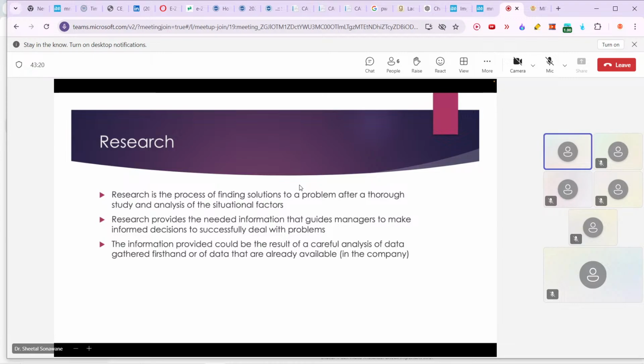We do have 3,000 applications. We have a lot of research coming and already 1,500 students are there, total students per year. So that becomes very difficult. So this research provides the needed information that guides managers to make informed decisions to successfully deal with the problem.